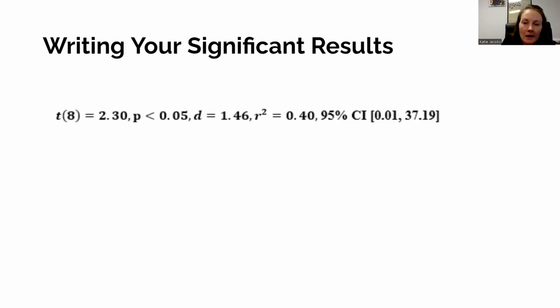Then you put a comma. Then you'll put R squared, which represents the effect size, equals whatever you calculated with that formula. Then put a comma. Then you'll put your confidence interval information, which is, we did a 95% confidence interval. Open bracket, 0.01, which is the lower limit of our confidence interval, comma, 37.19, which is the upper limit of our confidence interval. So that is all for this week.